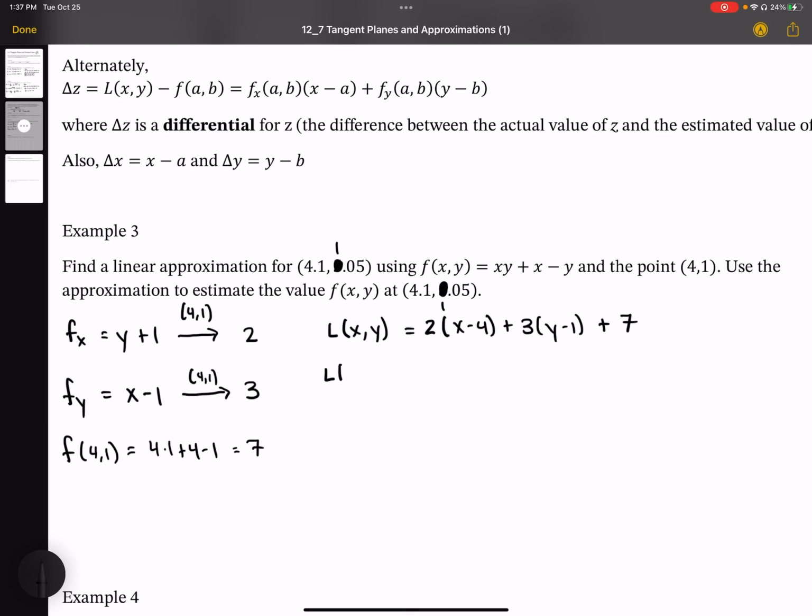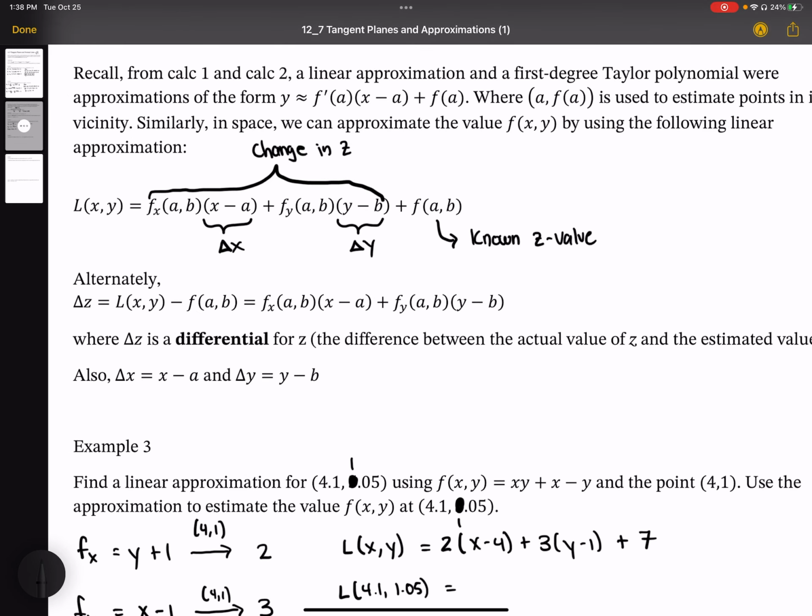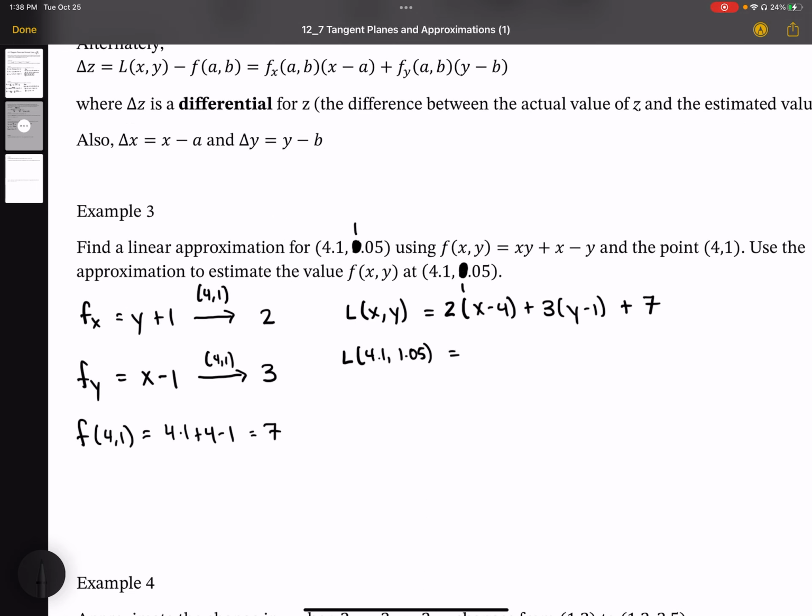So L of 4.1, 1.05 is equal to, remember when I told you that the x minus a is our delta x and the y minus b is our delta y. So 4.1 minus 4, that's just 0.1. So 2 times 0.1 plus 3 times 1.05 minus 1, which is 0.05, plus 7.